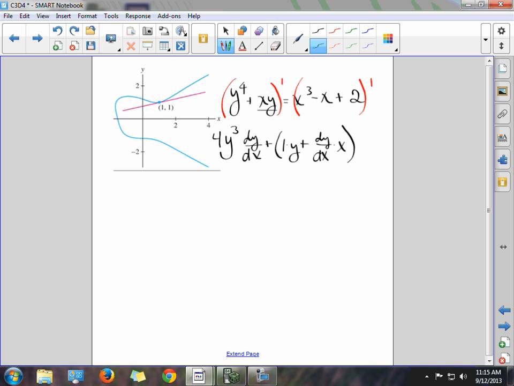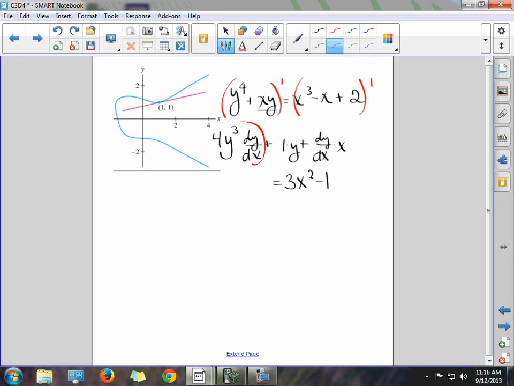I'm running out of room, so I'm going to put it down here. And this is equal to, and then do the derivative of the right-hand side. So this one's all x's, so it's just 3x squared minus 1. Okay, so now, these parentheses I really don't need because it's just all added. So now I want to take everything with a dy/dx and put it on one side, and then everything without it is going to go on the other.